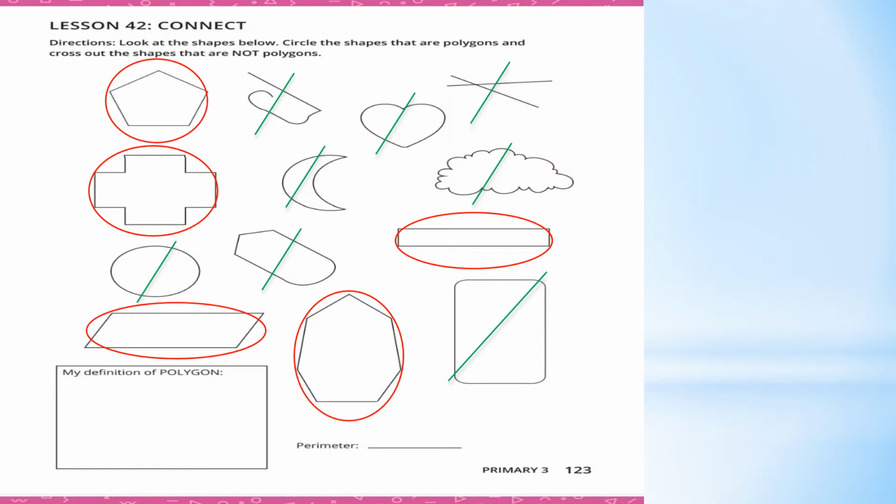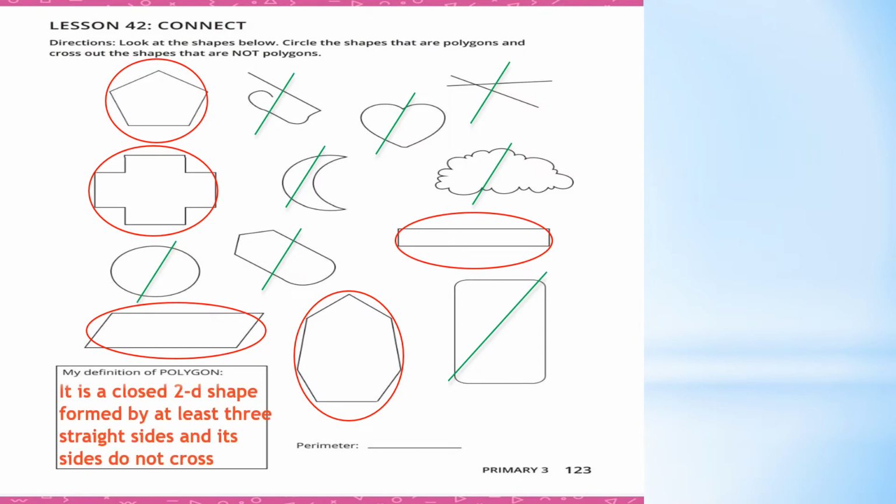So what is my definition of polygon? Polygon is a closed 2D shape formed by at least 3 straight sides, and these sides don't cross. Okay, they don't cross together, and the perimeter is the outline of the shape or the distance around the shape.